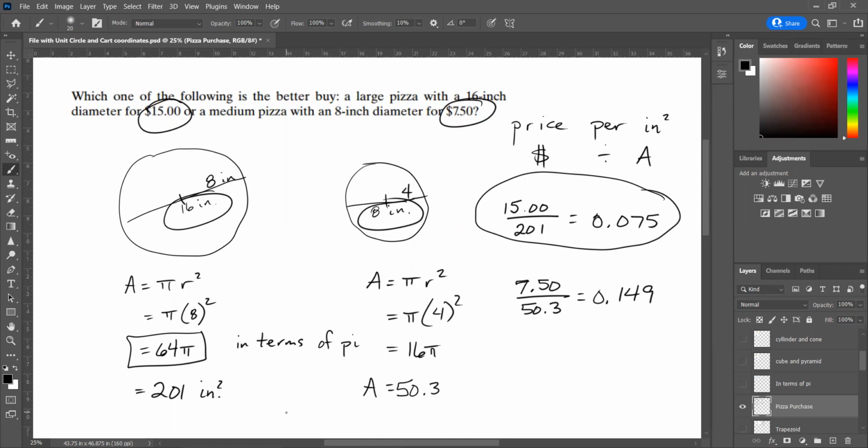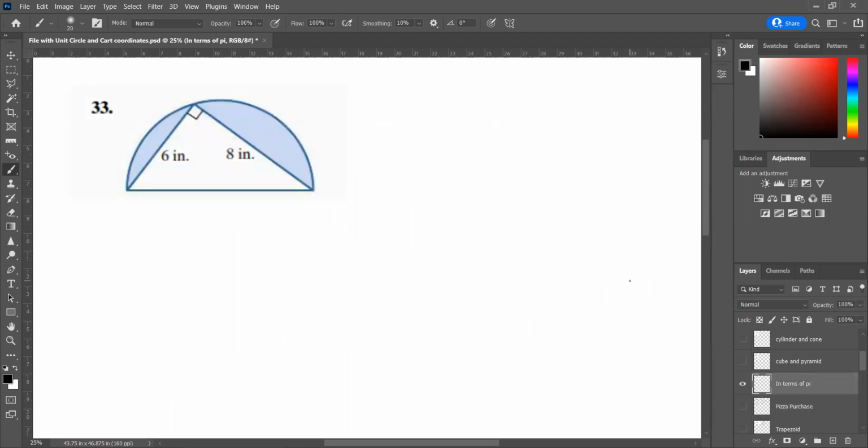That makes sense. It seems like it's the same thing, but when we do a price per area, going from the smaller to the larger, they halved the price per area. So there's a definite difference there. It looks like it should be the same because you double the diameter, double the price, but when you look at price per area, it's a different sort of problem. Maybe we've got something like this where they want the area of the shaded region.